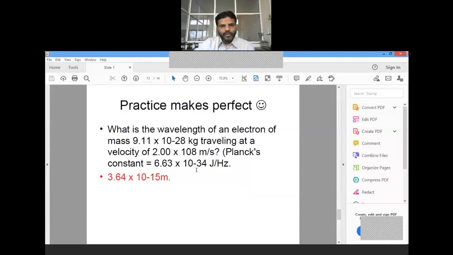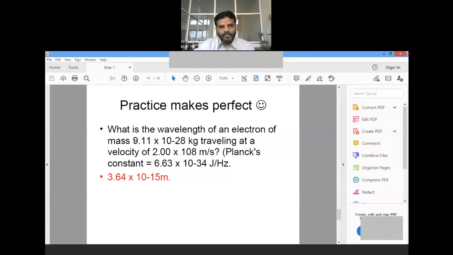Now go for the calculation of the wavelength of an electron having mass 9.11 into 10 to the power minus 28 kilogram, traveling at a velocity of 2.00 into 10 to the power 8 meters per second. We have to calculate the wavelength of the electron.